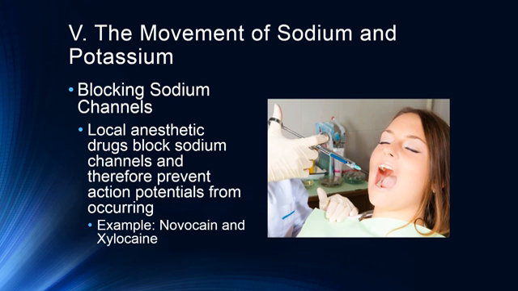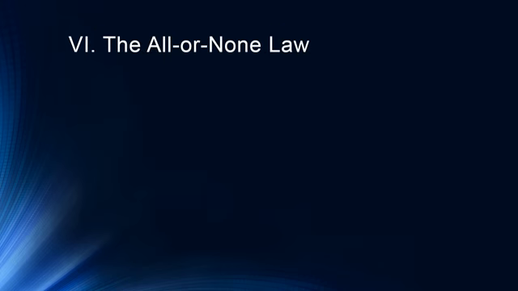This is actually how local anesthetic drugs work. They block sodium channels and therefore prevent action potentials from occurring. So this is how Novocaine and Xylocaine, those drugs your dentists use to numb your mouth, work. They're also used as topical anesthetics in other instances. So that's essentially what that does: it blocks those sodium channels so sodium can't enter the cell and an action potential cannot be generated.